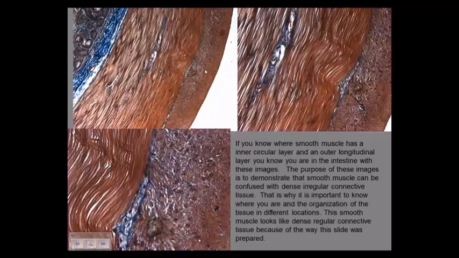So you have two layers of smooth muscle around the tube called your intestines. One is circular, and one is running along the tube. So that's why you have smooth muscle that looks like this, because it's cut longitudinally, and this smooth muscle over here is cut cross-sectionally. But it's all smooth muscle, okay?